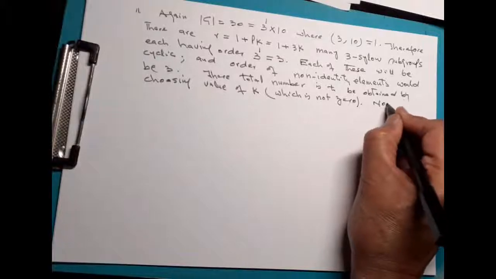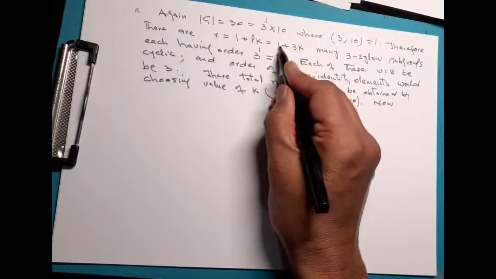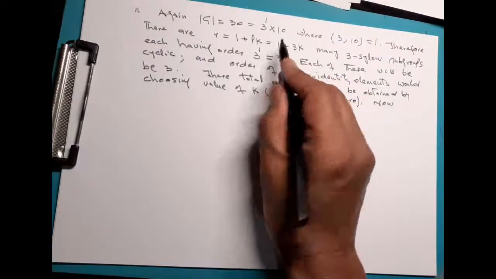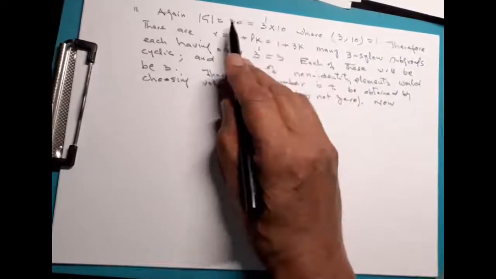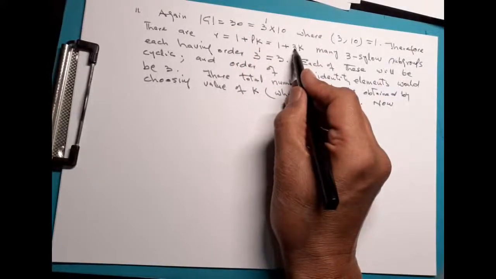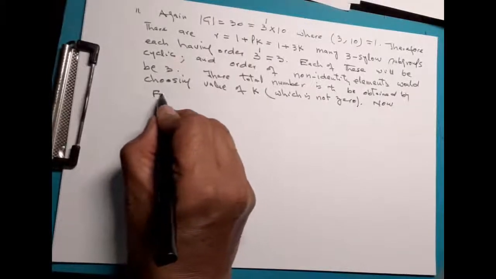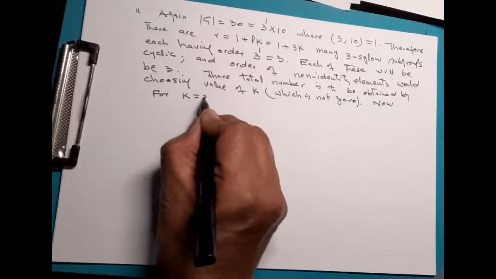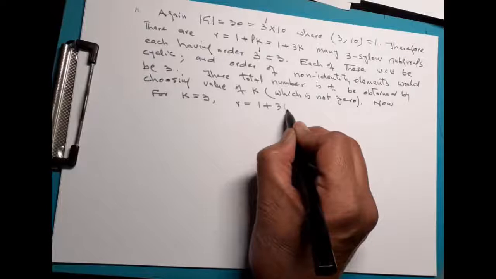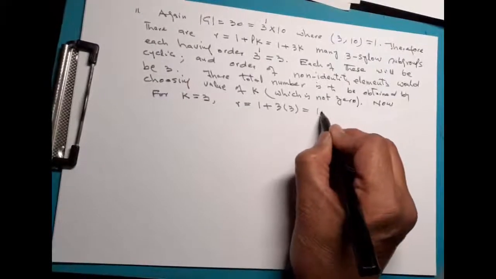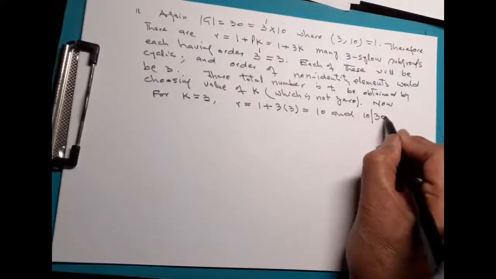Now for k equal to 1 this will be equal to 4, and 4 does not divide 30. For k equal to 2 this will be 7, and 7 does not divide 30. For k equal to 3 this will be 10, and 10 divides 30. R becomes 1 plus 3 into 3, which is equal to 10, and we know that 10 divides 30. This is a very important condition.